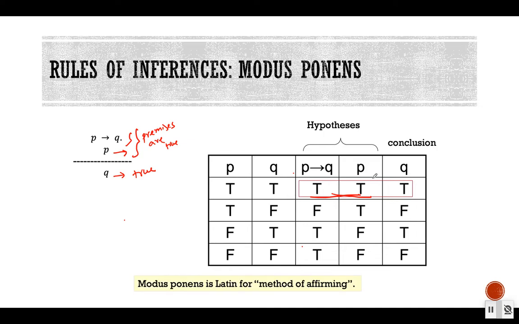Modus ponens is Latin for method of affirming. We know that if P is true, then Q is true, and P is true. When P is true, then obviously Q is true. So let's see one example. Say, if I am skilled at poker, like a game, any game, I will win the game.